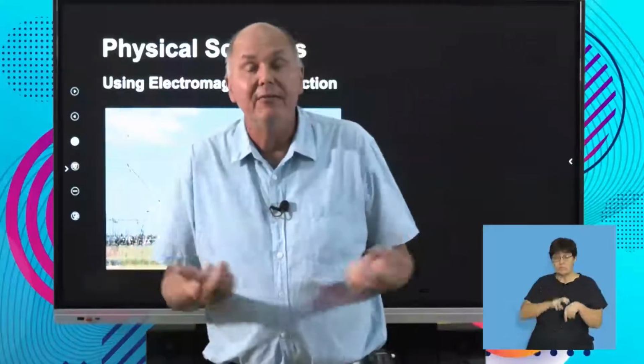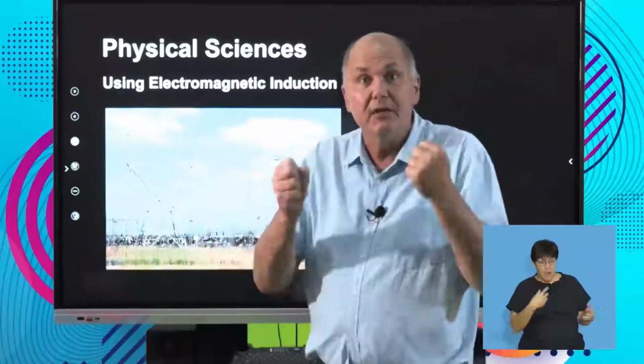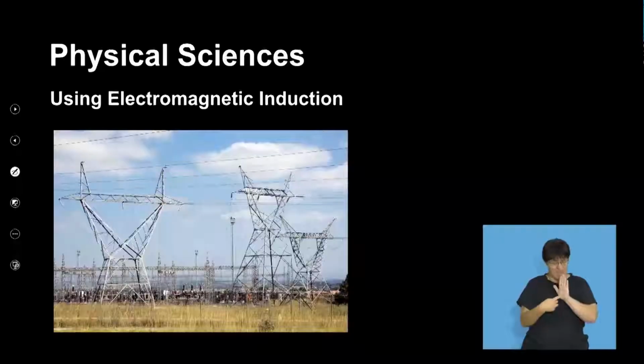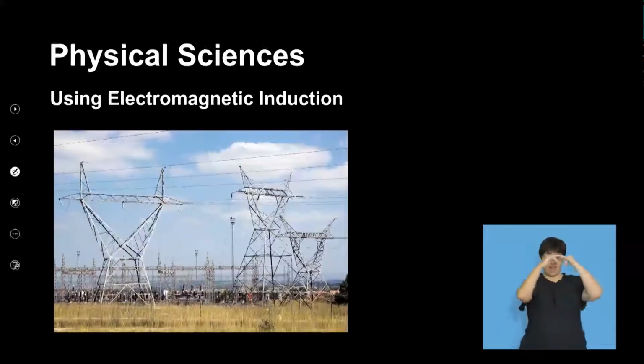The televisions that you're watching this on and the devices you're looking at all started because of an understanding of electromagnetic induction. And even on this picture where we have power lines, the reason I've shown this is because power lines indicate the way that electricity is taken from the power station, usually far away from the city, and then brought closer to our homes.